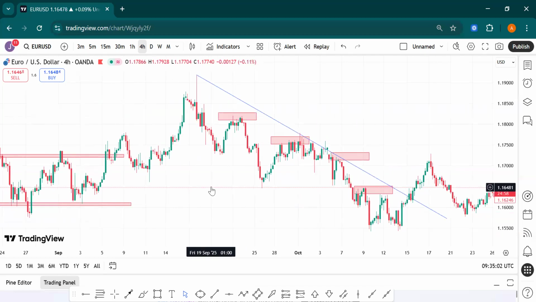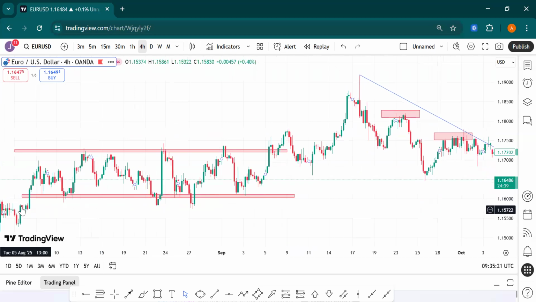We said an uptrending market is one in which price of the market makes a series of consecutive higher highs and higher lows. And we said that a downtrending market is one in which the market makes a consecutive series of lower lows and lower highs, while a consolidating market is one in which the price of the market moves in a horizontal direction between a support and a resistance.